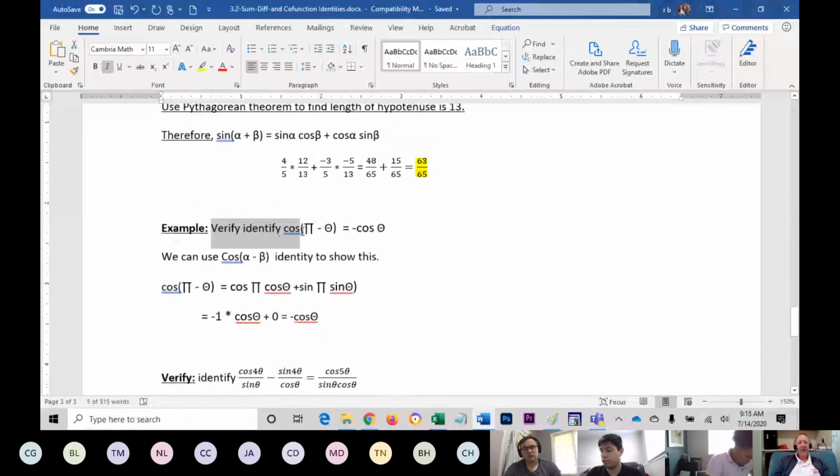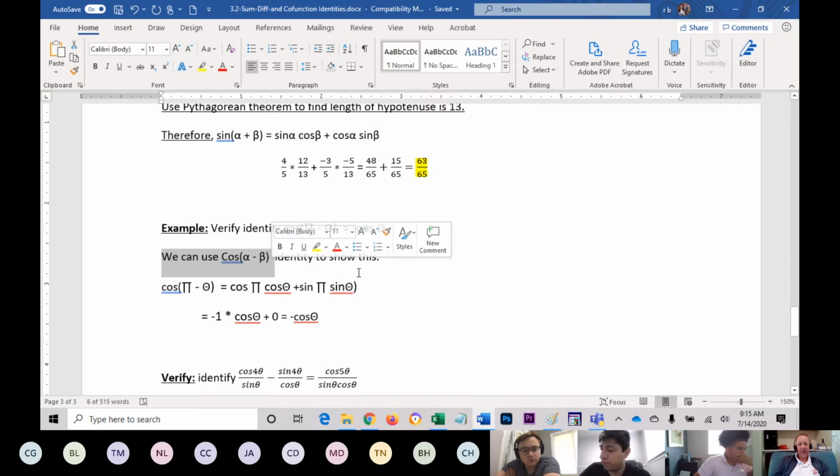Verify the identity cosine of pi minus theta equals the negative cosine of theta. Okay, so we're going to use the cosine of alpha minus beta identity to show this.